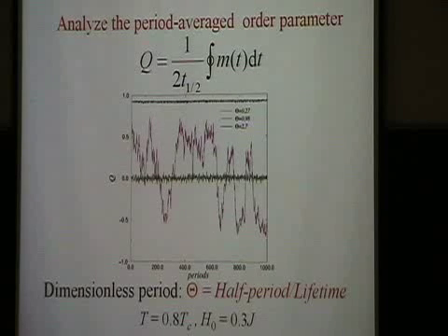The reason it looks essentially the same, as we will show, is that it actually is the same, in the sense that it's in the same universality class. It has the same critical exponents in terms of our theta, the scaled period, as the equilibrium case has in terms of temperature.